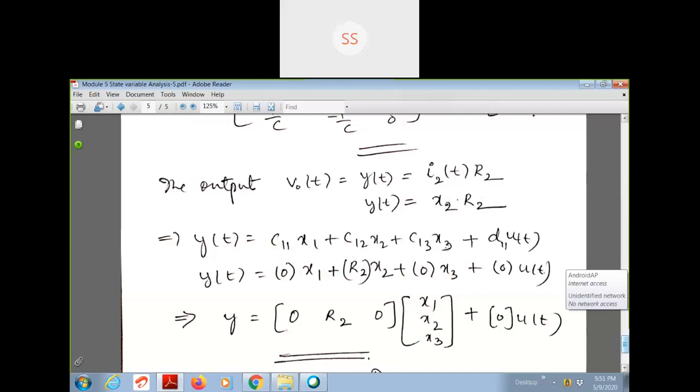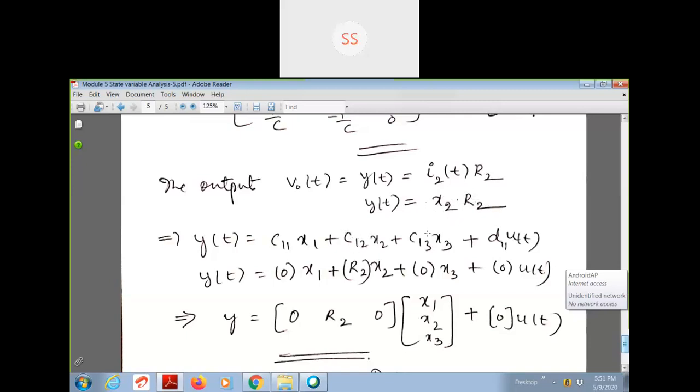where there are three terms x1, x2, x3 because there are three state variables, plus d11 into u of t. In this output equation we have only the x2 term, and its coefficient is R2. That is, the C12 coefficient is R2.